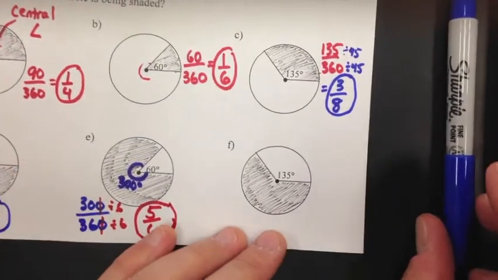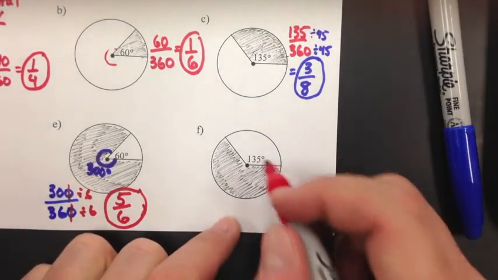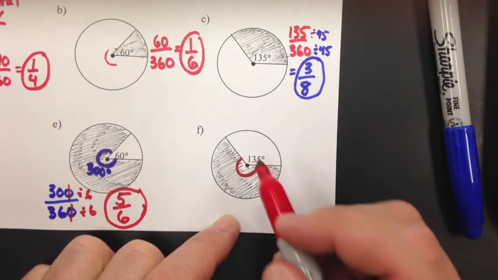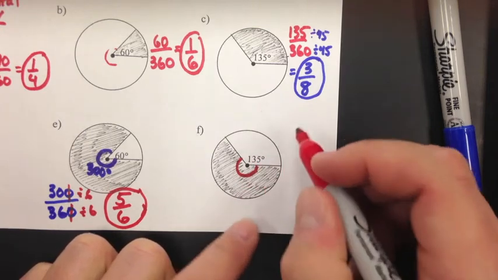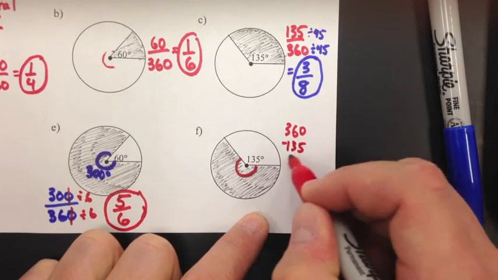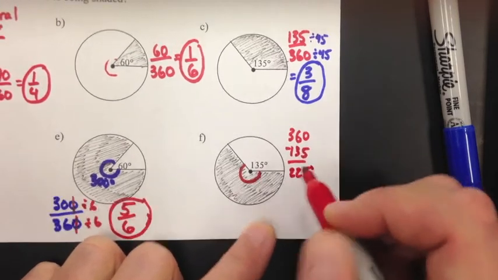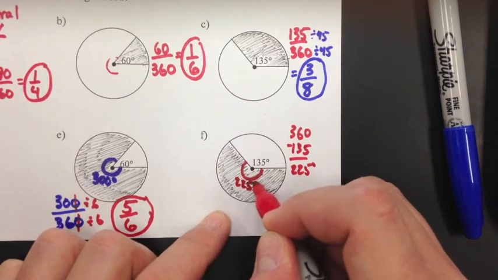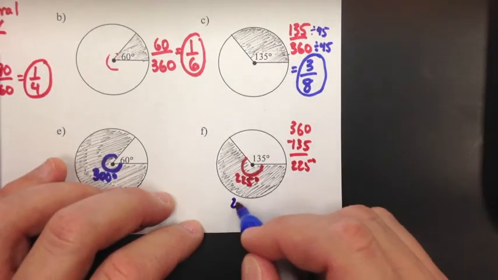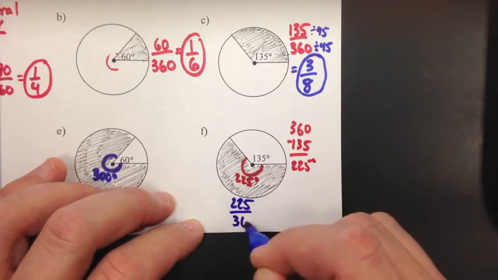And the last one here, okay, we got 135 again, but this time we want the other part of the circle. So all the central angles are 360 together, so subtract the 135, and that gives me 225. That's for the shaded part. So the fraction is 225 divided by 360.